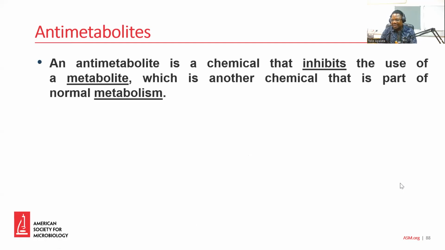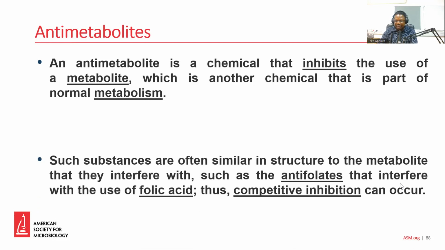So this looks quite strange and maybe complicated, but we will try to understand this. So an anti-metabolite is a chemical that inhibits the use of a metabolite. Now, a metabolite is another chemical that is part of the normal metabolism of the microorganism.